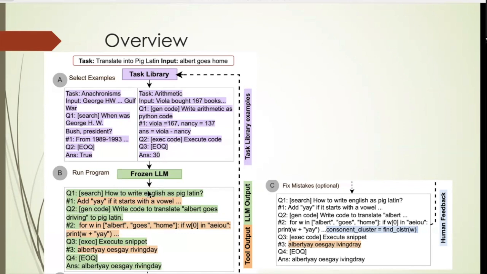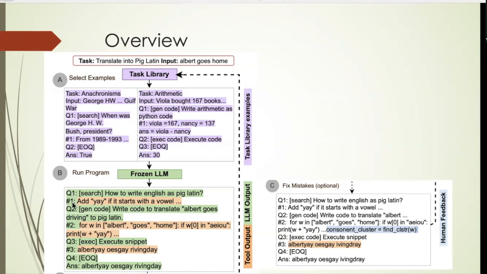And then given the task and the input, they call an LLM to decompose the task into steps. For example, the task is to translate into Pig Latin, and then it teaches the LLM to formulate the response into step-by-step questions and responses, right?